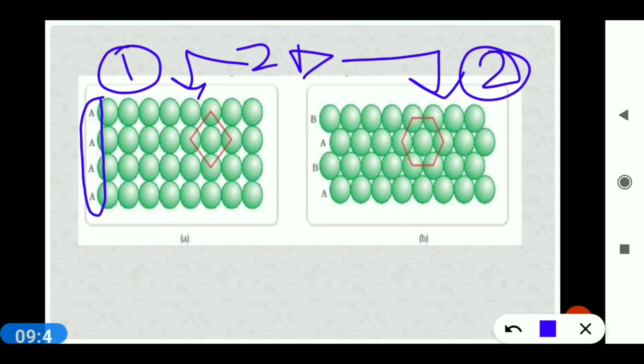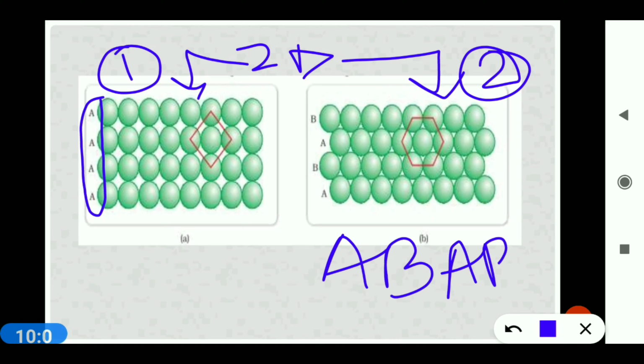The sphere in the second row may be placed in the depression of the first row. This produces a row different from the first row. This arrangement is called AB type of arrangement.